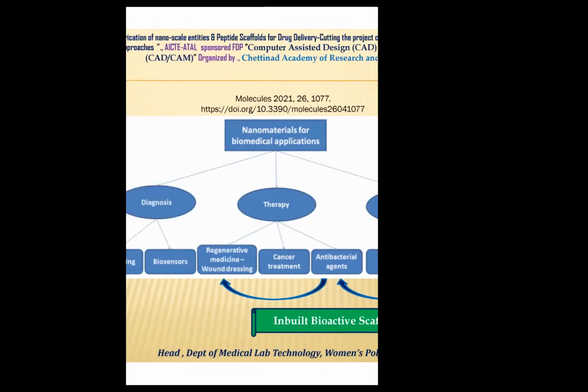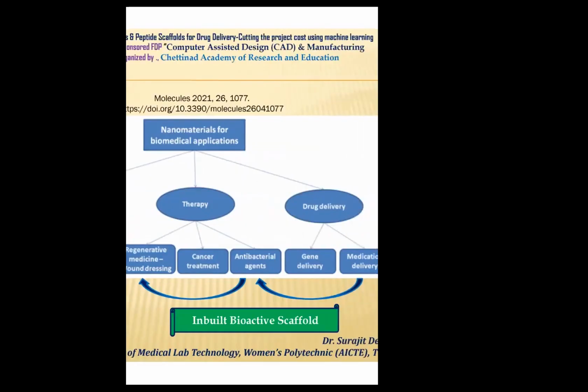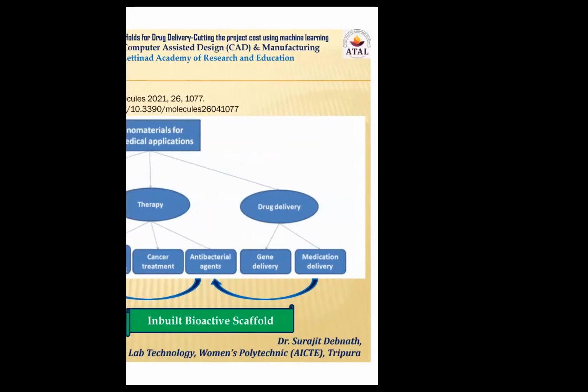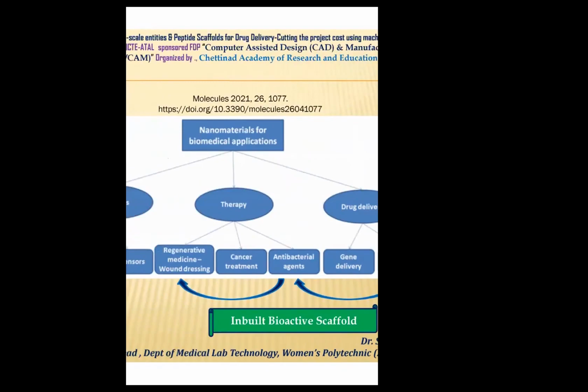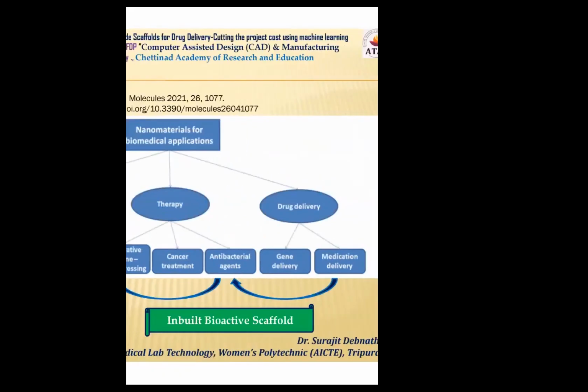But when we are talking about nanopeptides, there is a combination of properties. It is very interesting to see that when we make a scaffold out of peptides which already have some bioactivity, there is an amalgamation of more than one property. As I have said, these peptides are already antibacterial agents, and they can be used in wound dressing and regenerative medicine as well. At the same time, the scaffolds are also used in drug delivery.